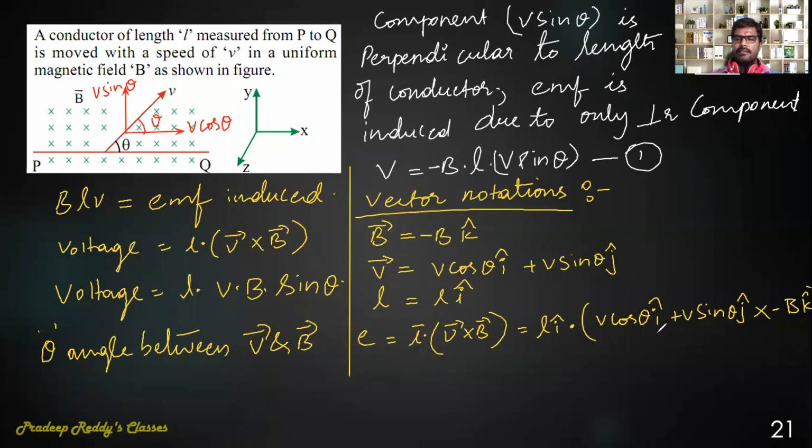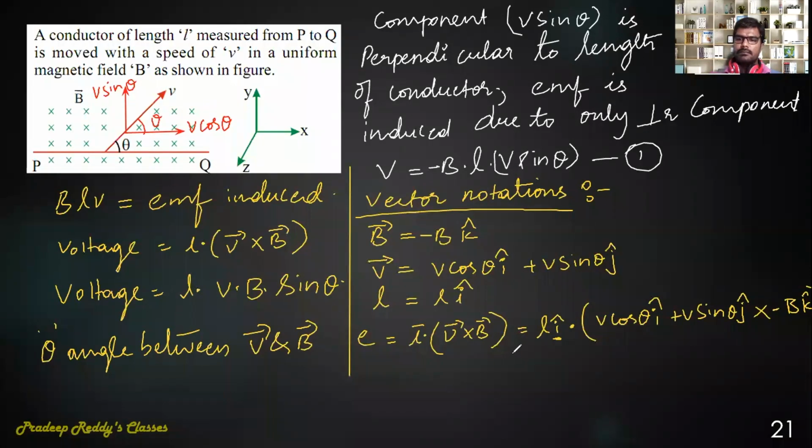So it is I cross K and J cross K. If you take I cross K, it will become J. If it is J cross K, it will become I. J cross K is I. I dot product with this I will become 0.